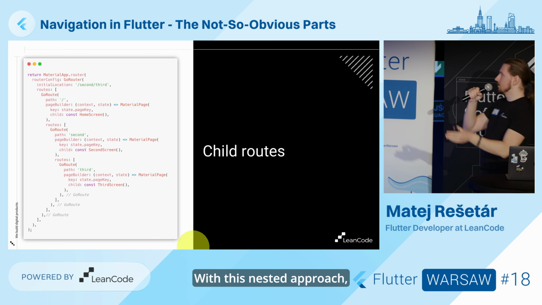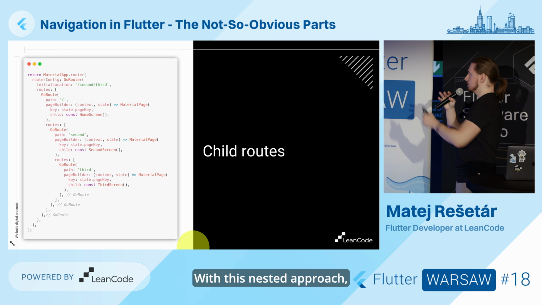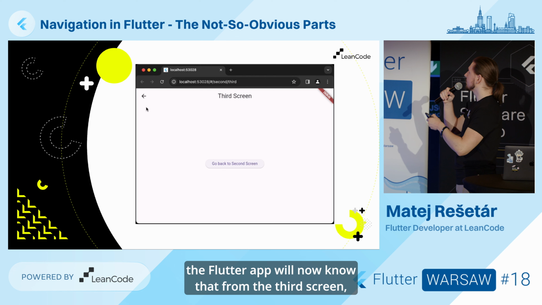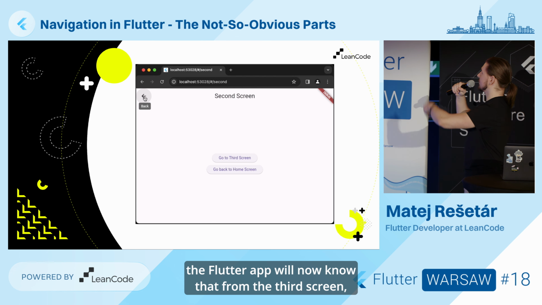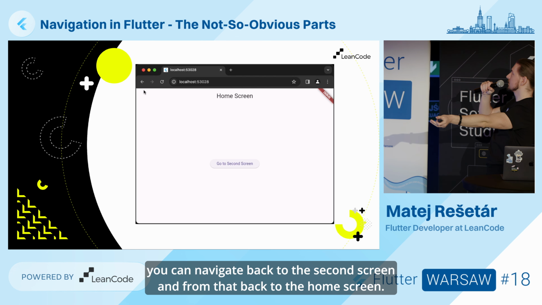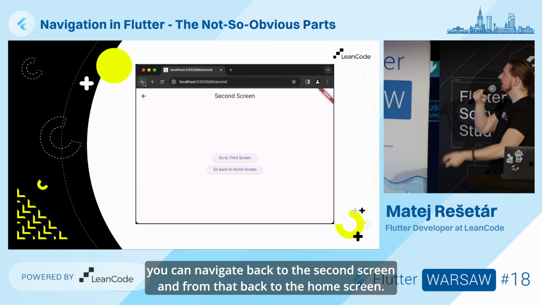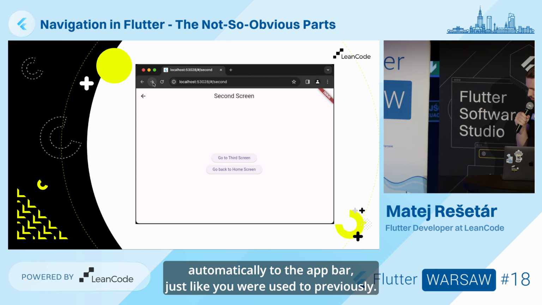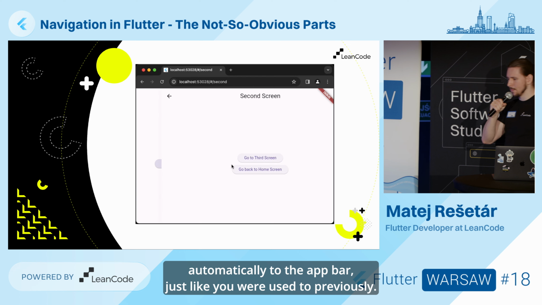And with this kind of nested approach, the Flutter app will now know that from the third screen you can navigate back to the second screen, and from that back to the home screen. And it will add those back buttons automatically to the app bar, just like you were used to previously.